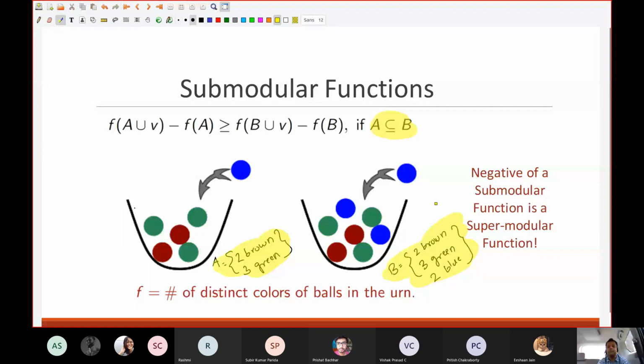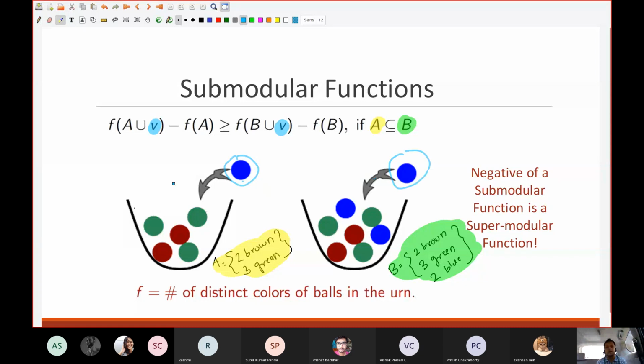So this is A, and this is B. Now what I'm going to do is add this additional ball, which is the V. So I'm adding a V to both A and B. And I'm going to measure the additional number, the increment in the number of colors, right?